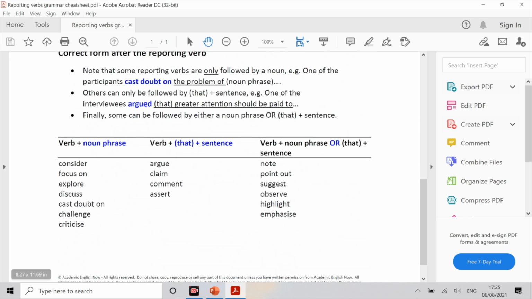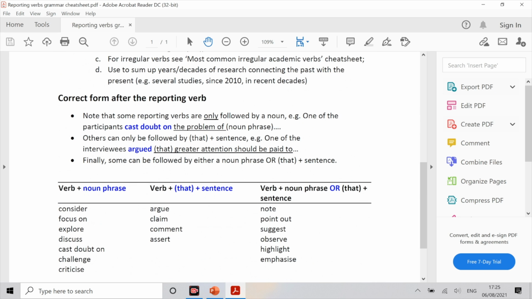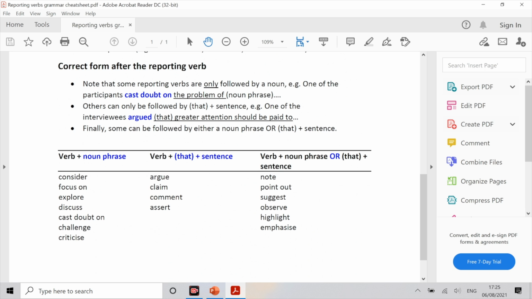And then I also talk about how to use some of the most common reporting verbs in here, and I'll introduce a good few of them for you so that you can vary your pattern of referencing. But in here, I mostly focus on grammar and how to actually use them.